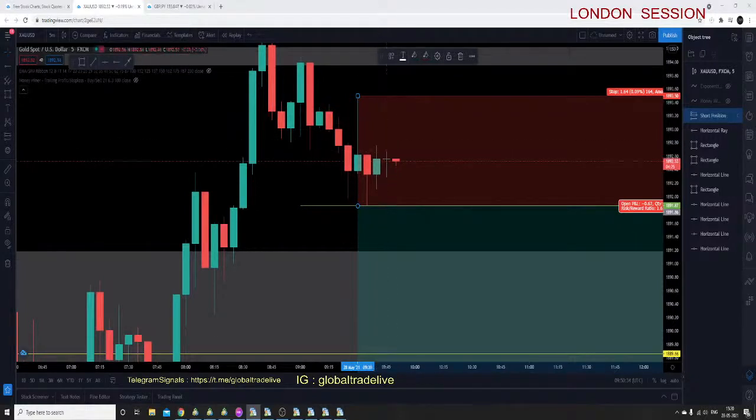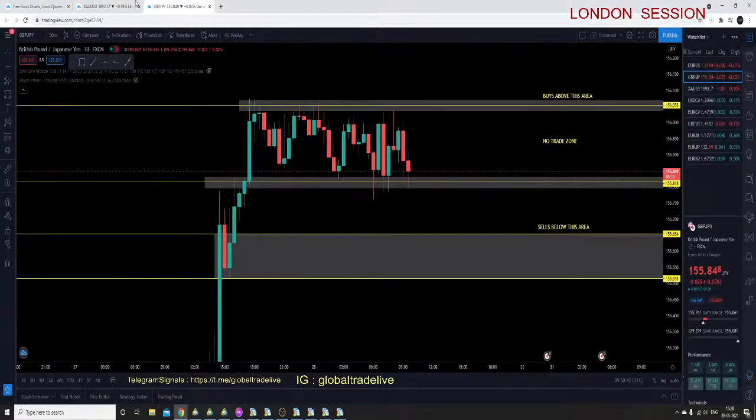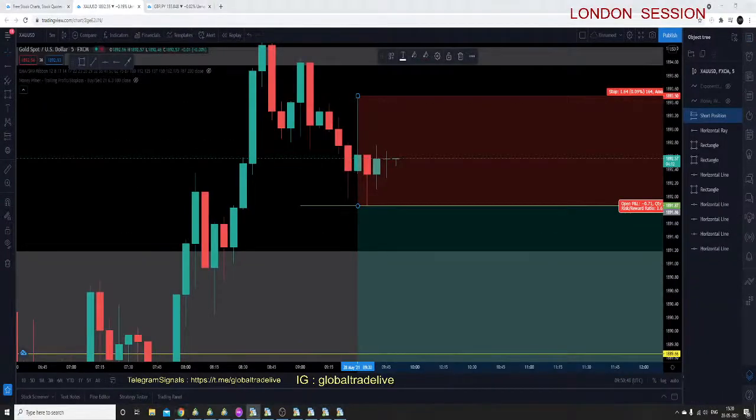But right now it's just stuck. I was really anticipating gold to just go down and fill the wick.